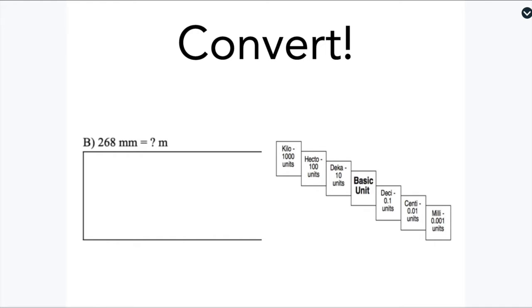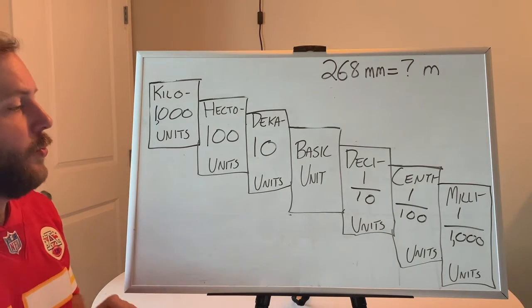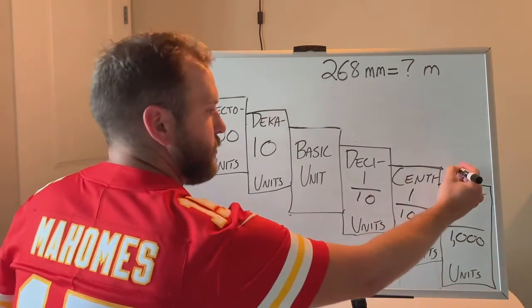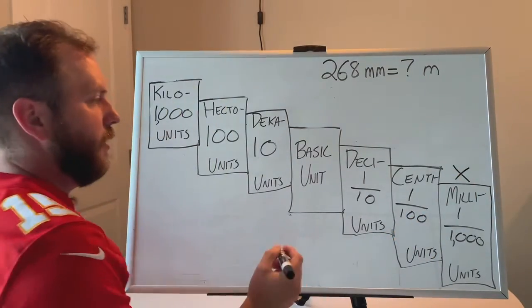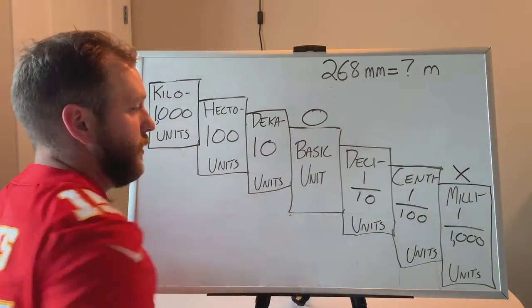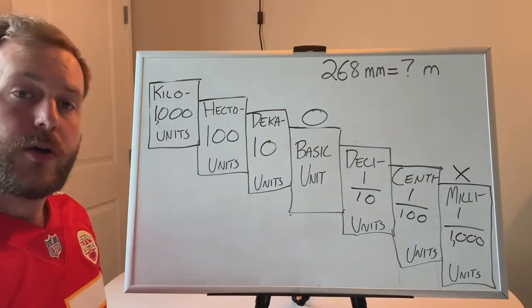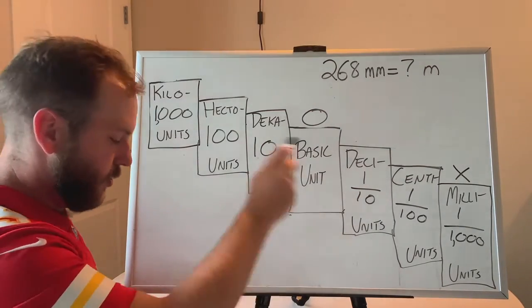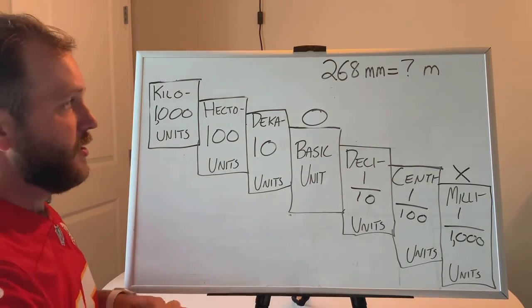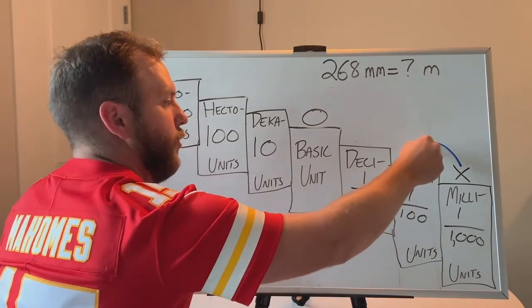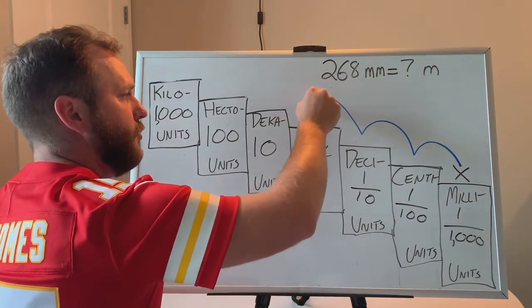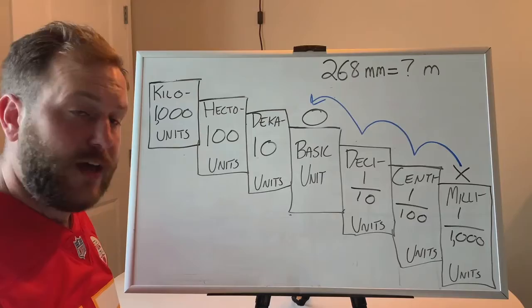268 millimeters equals how many meters? We mark our starting spot, which is milli, and our ending spot, which is base. So that means that we are going from a smaller unit to a larger unit. In this case, we are moving 1, 2, 3 steps to the left.